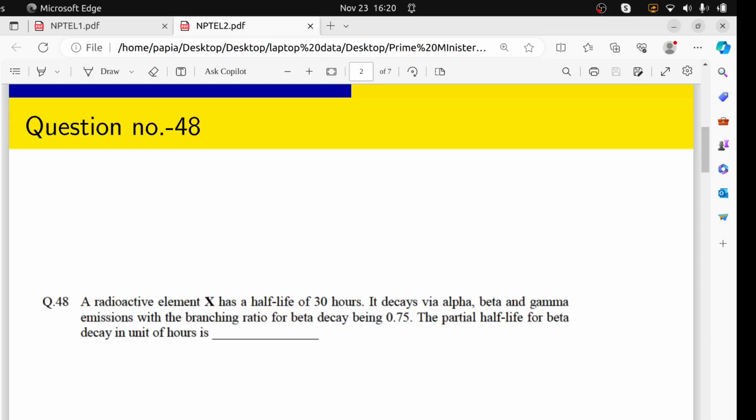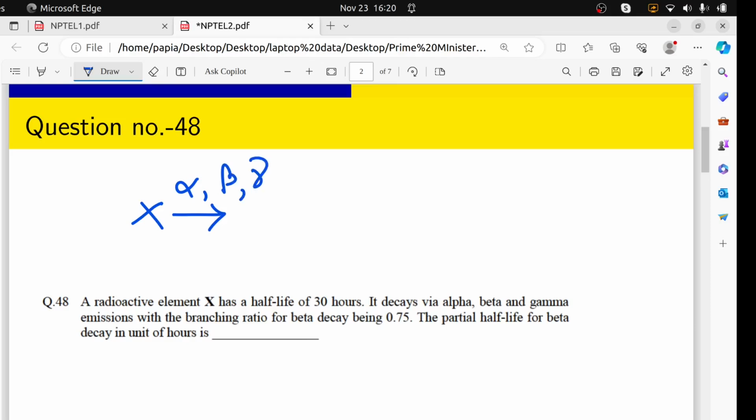So in that question, we can see that basically they are asking about the half-life of the beta decay, and the radioactive element X, they are telling that it can decay via alpha, beta and gamma.